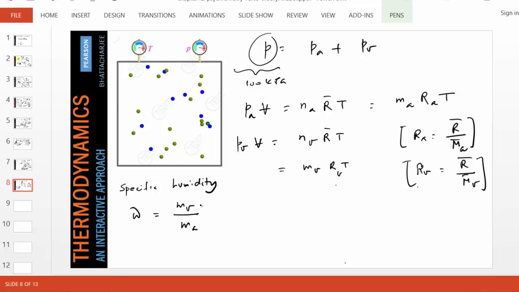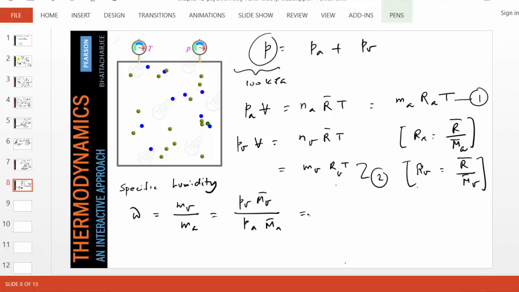If we simplify, if we use the ideal gas equation that we have just written here, mass of vapor and mass of air, you can show that it will turn out to be PV over MV, PA over MA. It's relatively easy to show from these two equations, equation 1 and equation 2. You can show that mass of vapor divided by mass of air by dividing the two equations.